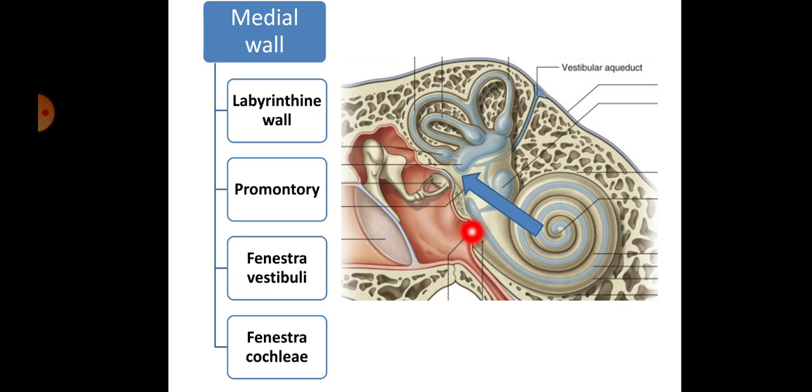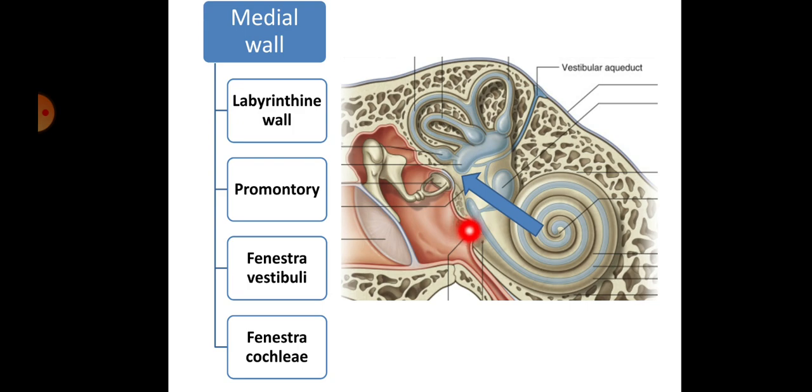Next, there is another opening present in front of the promontory, inferior to the promontory. That opening is round in shape, so that is called the round window. And the round window is present inside the cochlea, because of that reason it is called the fenestra cochleae. The fenestra cochleae is plugged by a membranous structure.